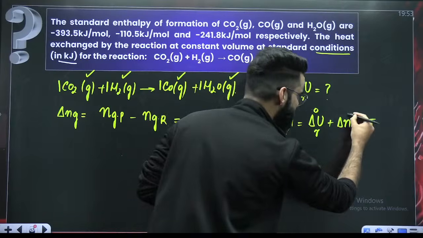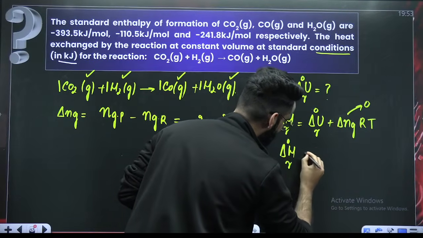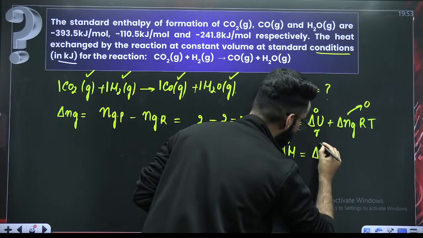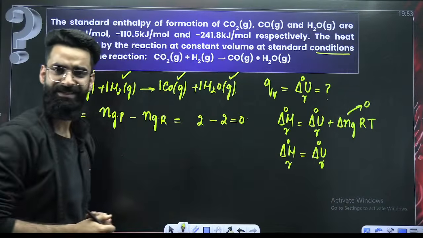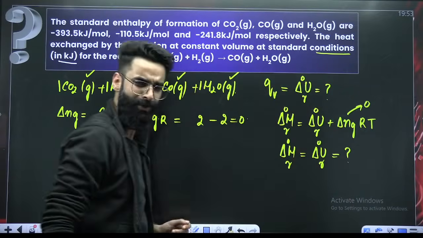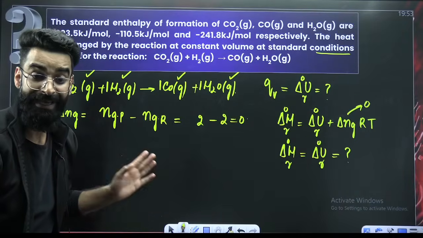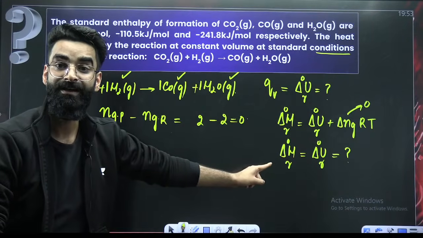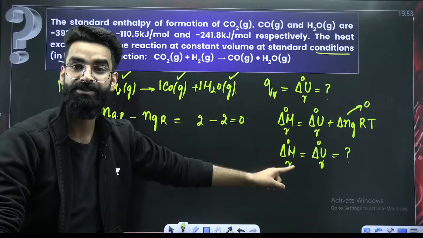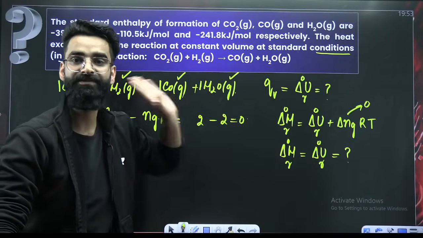Now, since delta Ng for the reaction is 0, delta H for the reaction is nothing but delta U for the reaction. Perfect. So basically, I'm supposed to calculate delta U for the reaction, and I got to know delta U is nothing but delta H. So indirectly, I'm supposed to calculate the standard enthalpy change of the reaction.